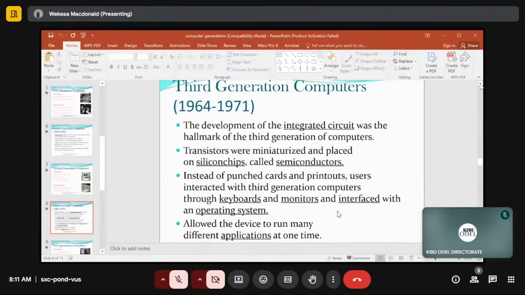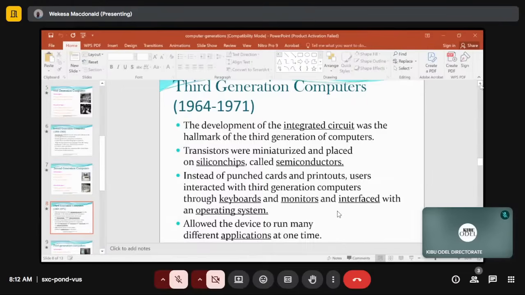This means that a computer was able to run more than one task at a go. Compared to first, second, where you had to run one program at a go, third generations enabled multitasking.